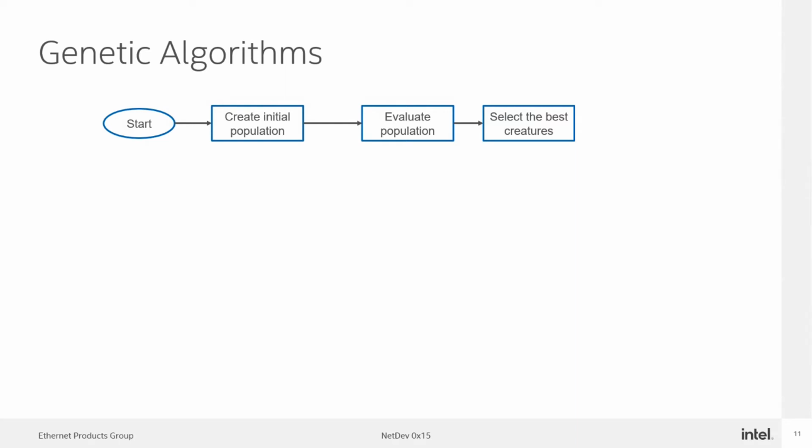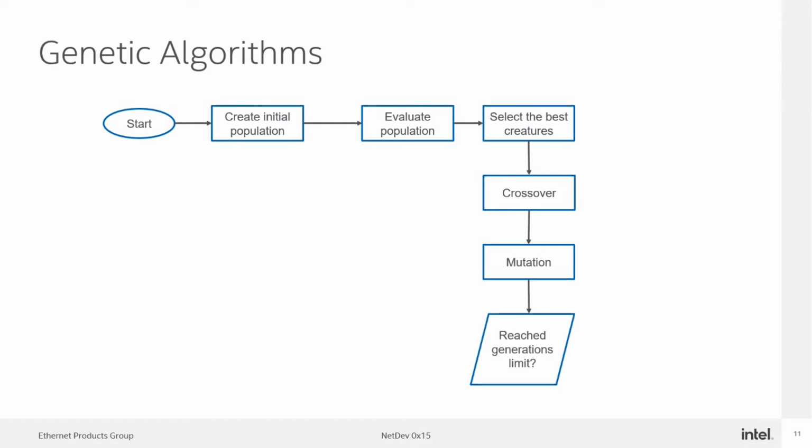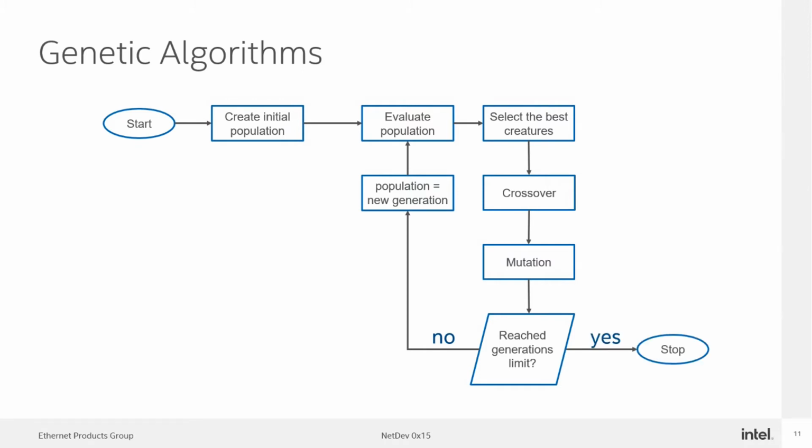And in the next step, creatures are crossed, and mutations are introduced. The main goal of mutation is to increase the population diversity and ensure that the entire problem space is searched. In the next step, the generation limit is checked. If the maximum number of generations is not reached, a new generation replaces the old one, and the process is repeated. If yes, then the whole process stops.